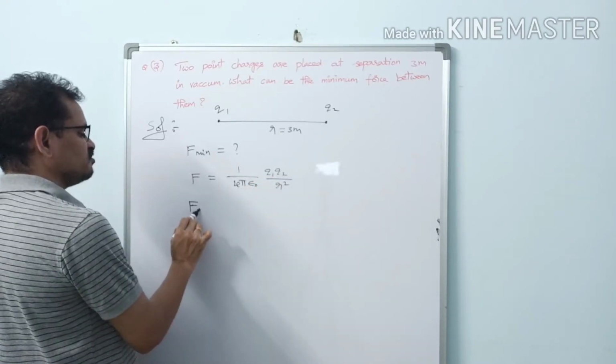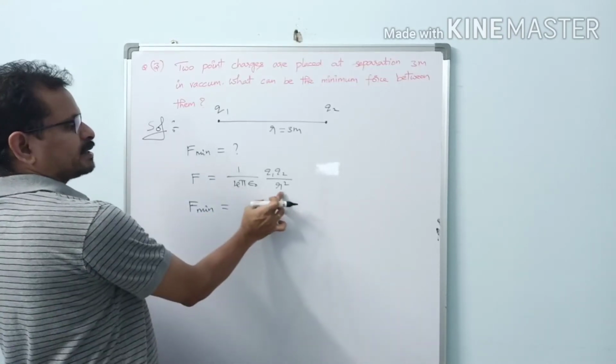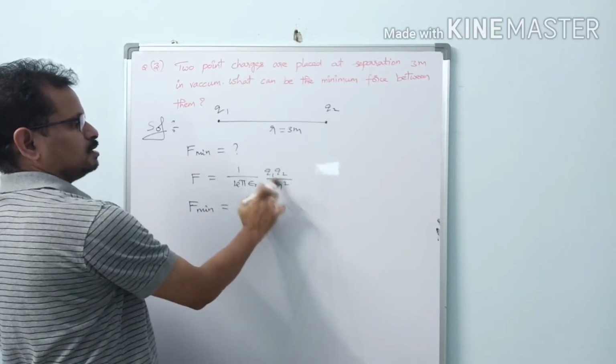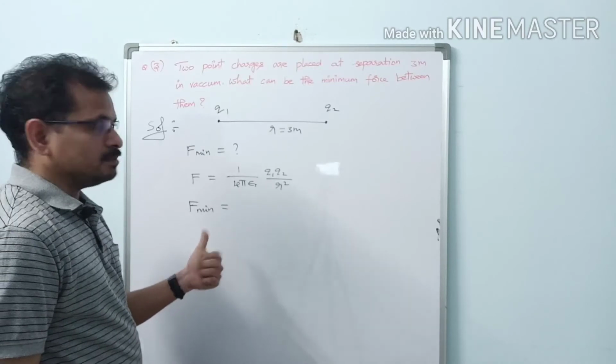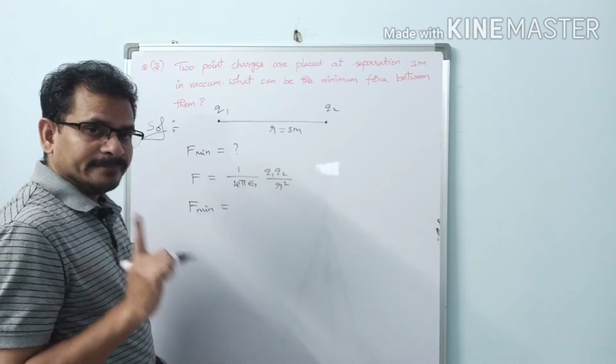Now we want F minimum. F minimum is possible when, see, R cannot change, R is fixed at 3 meters only. So for F to be minimum, the charges should be minimum.